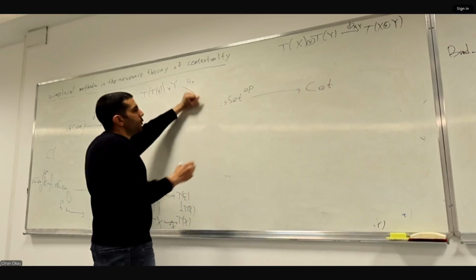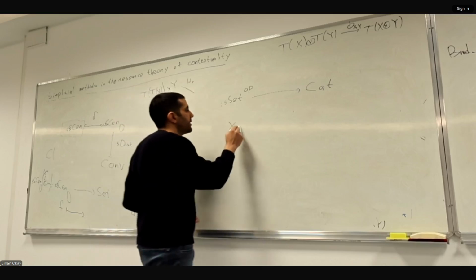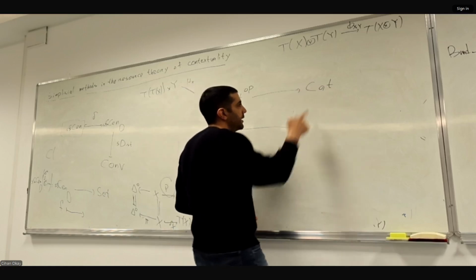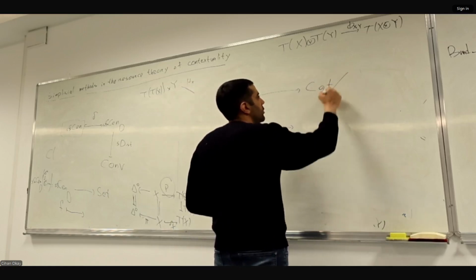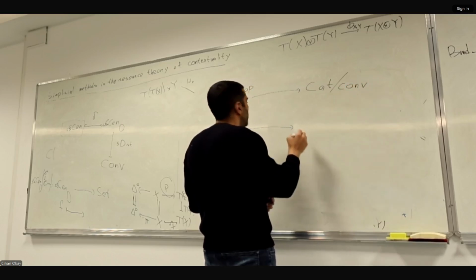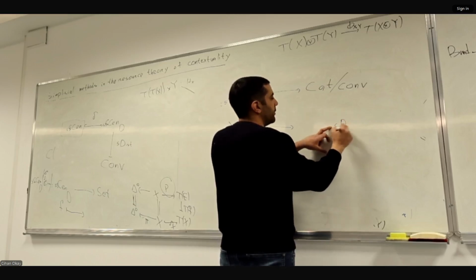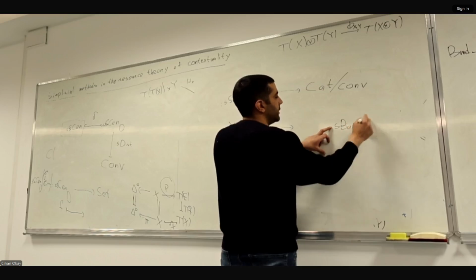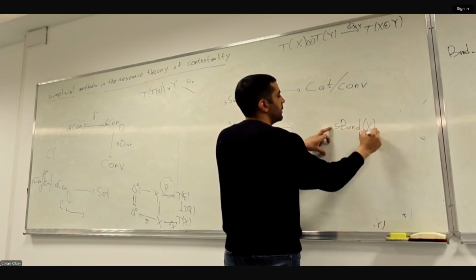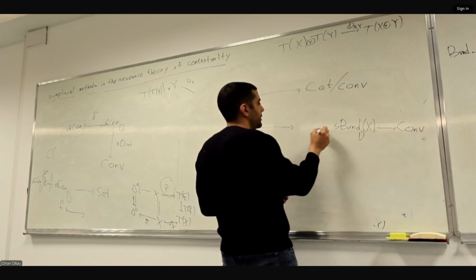But in fact, for every x we can get a functor here, not only a functor that ends in convex. Okay, how can we get this? We can say this functor will be with simplicial bundle here, the x going to convex. How is this functor defined?